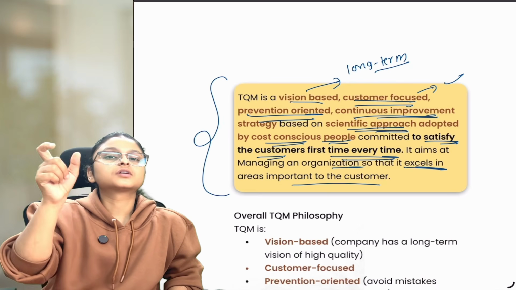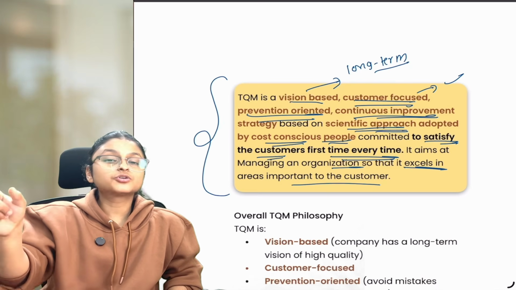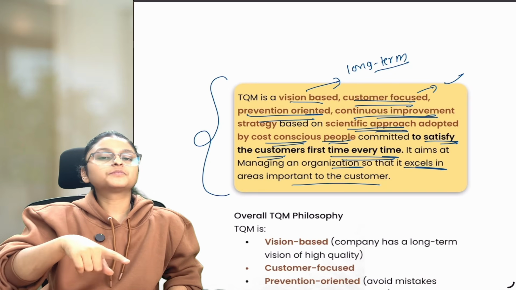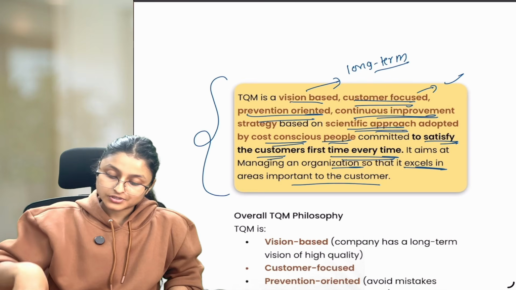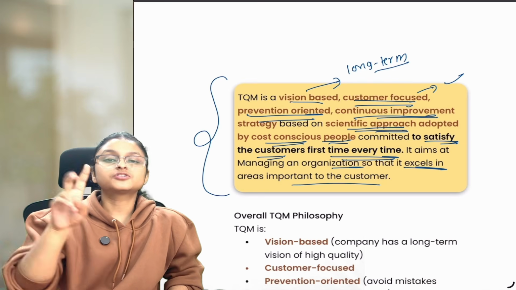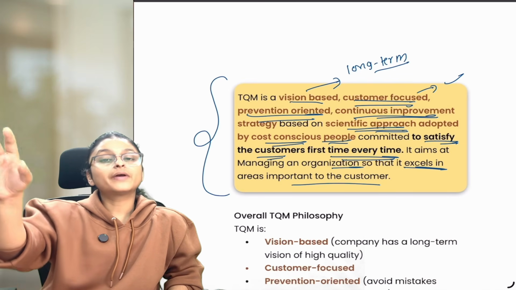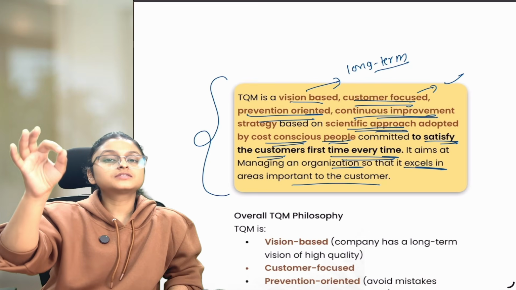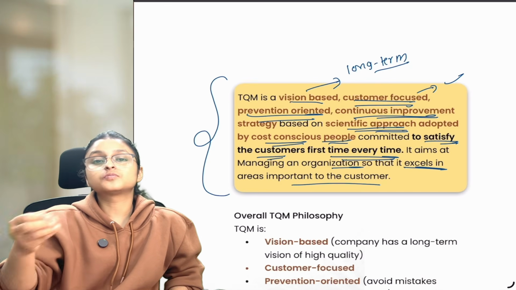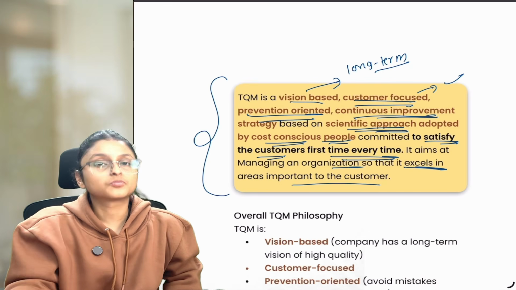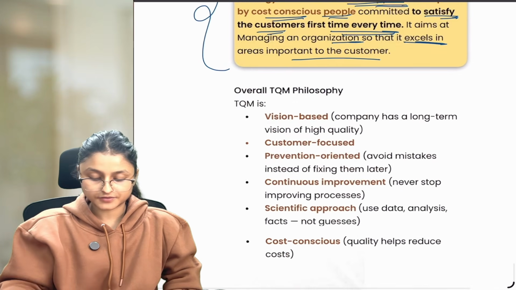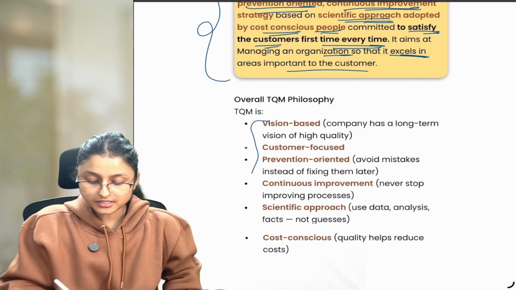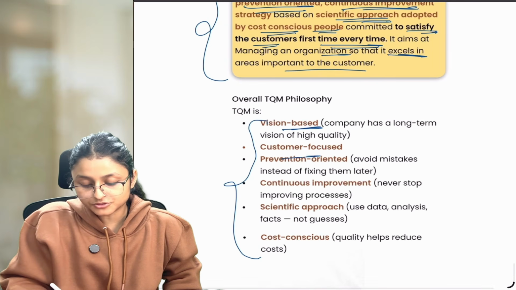It is a vision based, customer focused, prevention oriented, continuous improvement strategy used by cost conscious people, committed to satisfy the customer first time and every time. And if you want to excel at every stage or everything which the customer wants, then you should definitely use TQM. This is the definition, and I have already explained all of the words used in there.